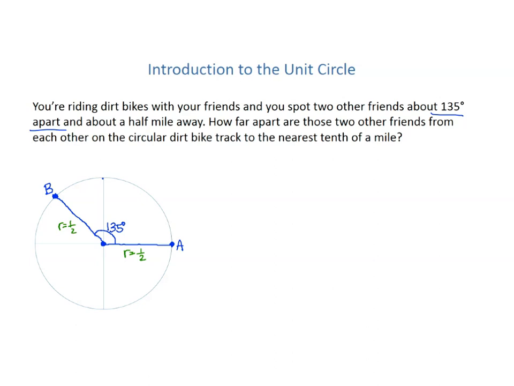How far apart are those two other friends from each other on the circular dirt bike track to the nearest 1/10 of a mile? So again, we want to find the distance along the path to get from one friend to the other. And again, we're looking for a fraction of the circumference.